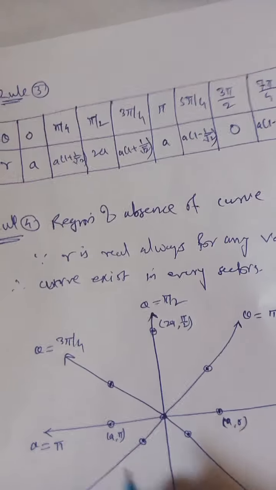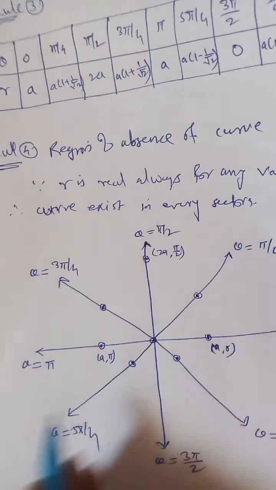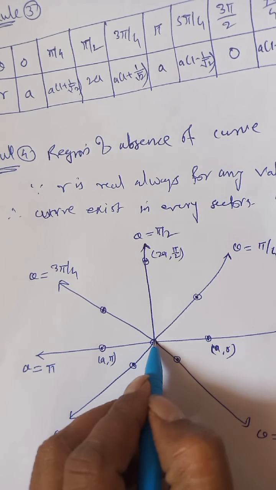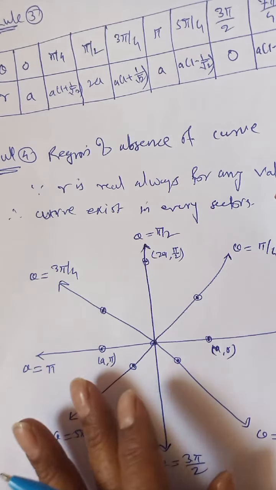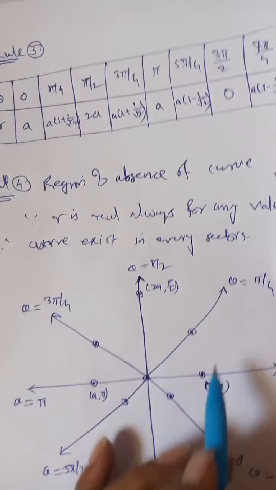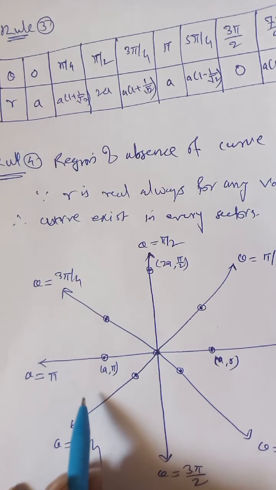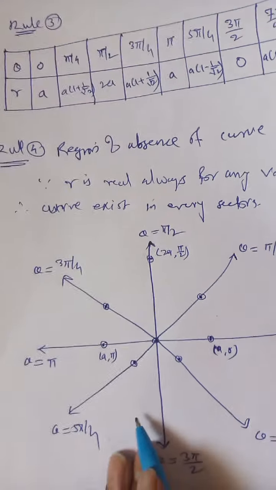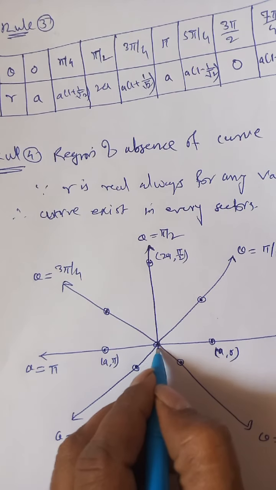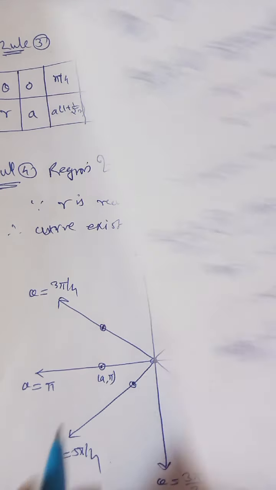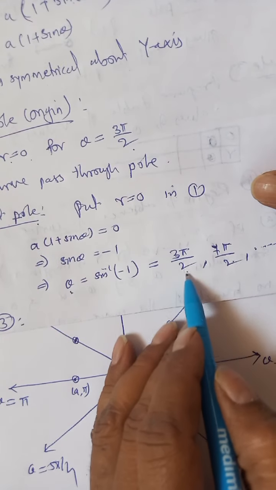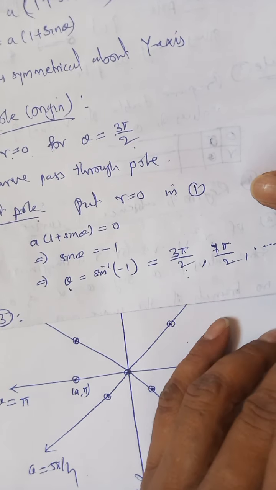Now we'll draw the curve. It passes through the pole as well as through these points. Now the region of absence, we have seen it exists in every sector. See, the tangent at pole, we have seen, is 3 pi by 2, 7 pi by 2 and so on.